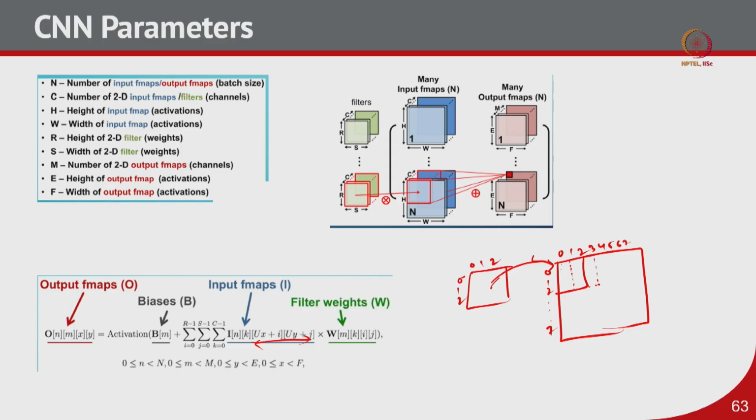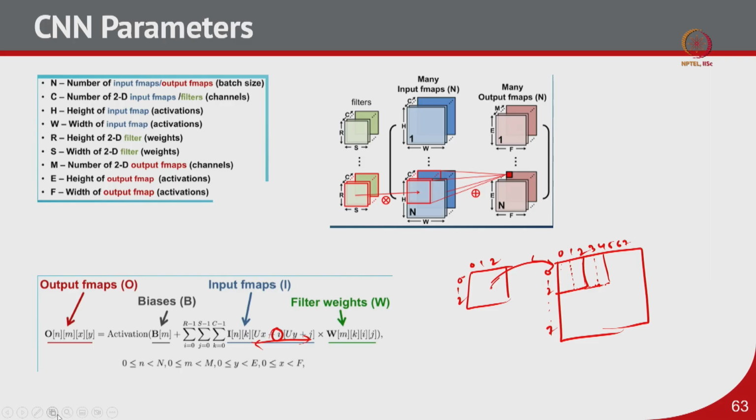If our stride length is 2, then we will project here from 2 to 4, right. So, that is the stride length, like how much stride you will take to perform the convolution. So, this Ux plus i and Ui plus j actually define the stride length, right.